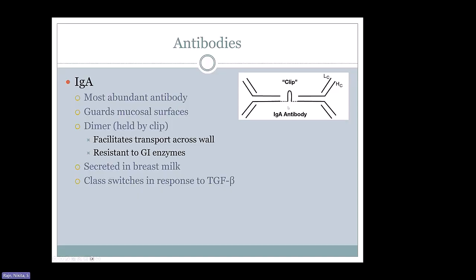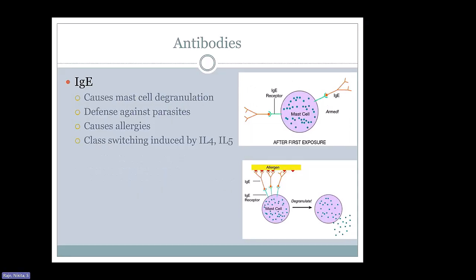And that clip facilitates the transport of IgA across the mucosal wall. It also helps in making the IgA molecules resistant to the GI enzymes. IgA can be secreted in breast milk, and then class switching to IgA occurs in response to the presence of TGF-beta cytokine.